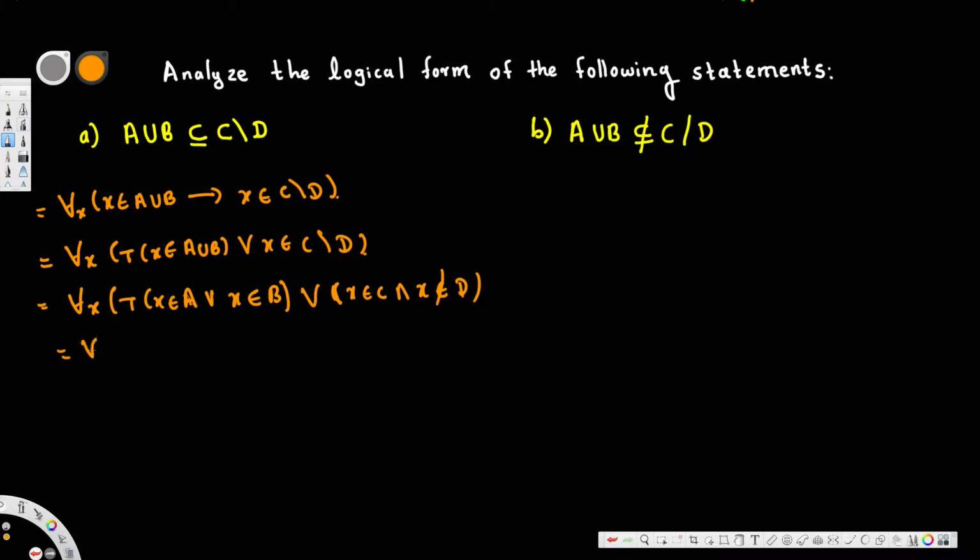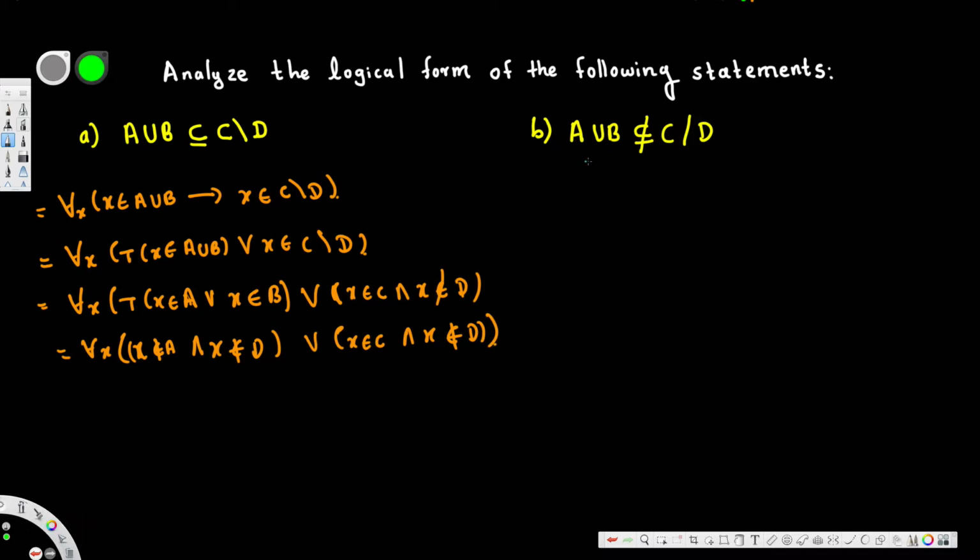So for all x, here we will have x not belongs to A and x not belongs to B. Both are negated and the middle one changed. That's De Morgan's, and the other one remained the same, or x belongs to C and x not belongs to D.